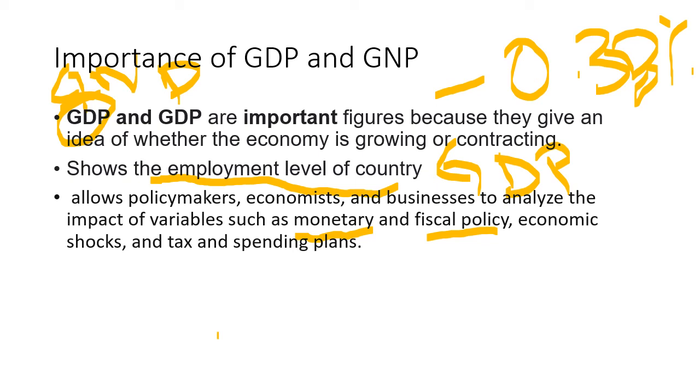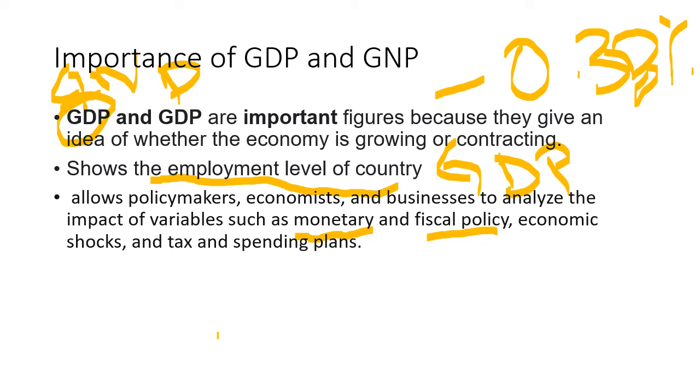If GDP and GNP are increasing, it will be desirable to make a tight fiscal policy by increasing taxes. And if GDP and GNP are decreasing, it will be desirable to make a loose fiscal policy, that is, to reduce taxes.